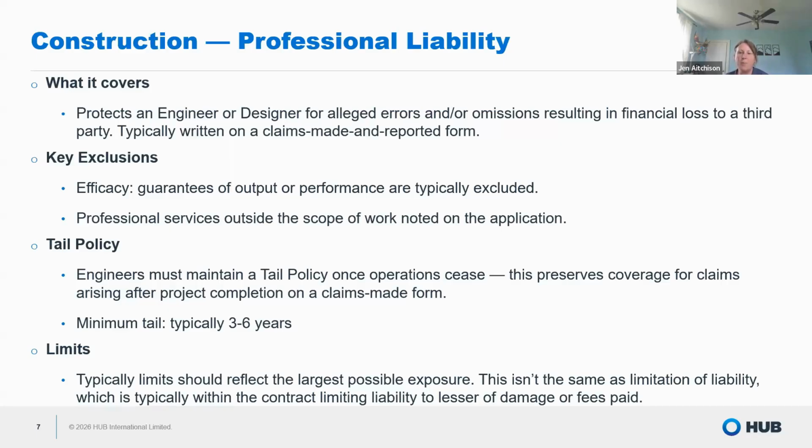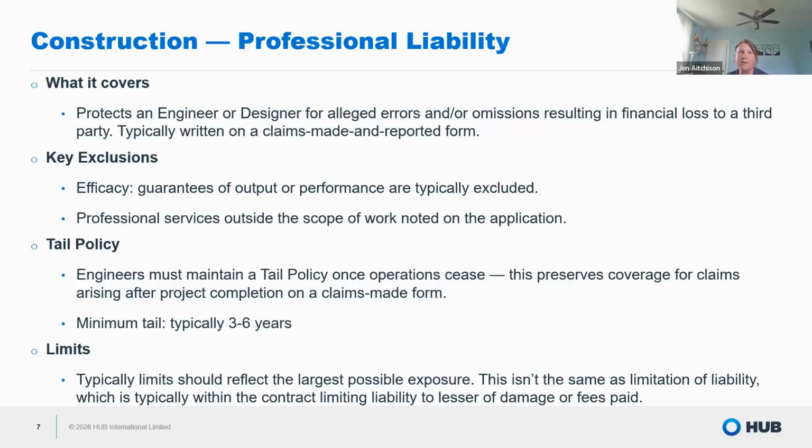So if you stop carrying your professional liability policy today and you have a claim that comes up next week from work that you did 2 years ago, you don't have coverage. Unfortunately, that's just how the coverage works.